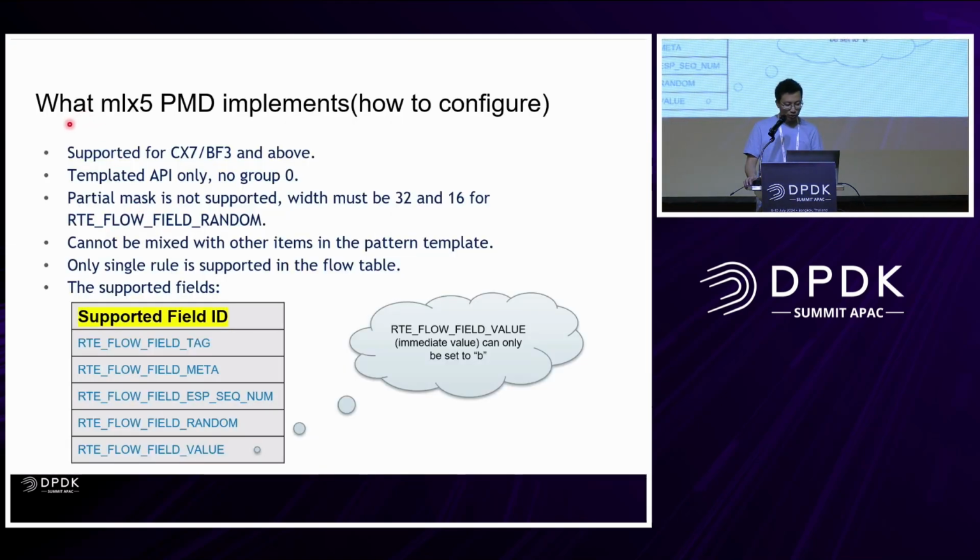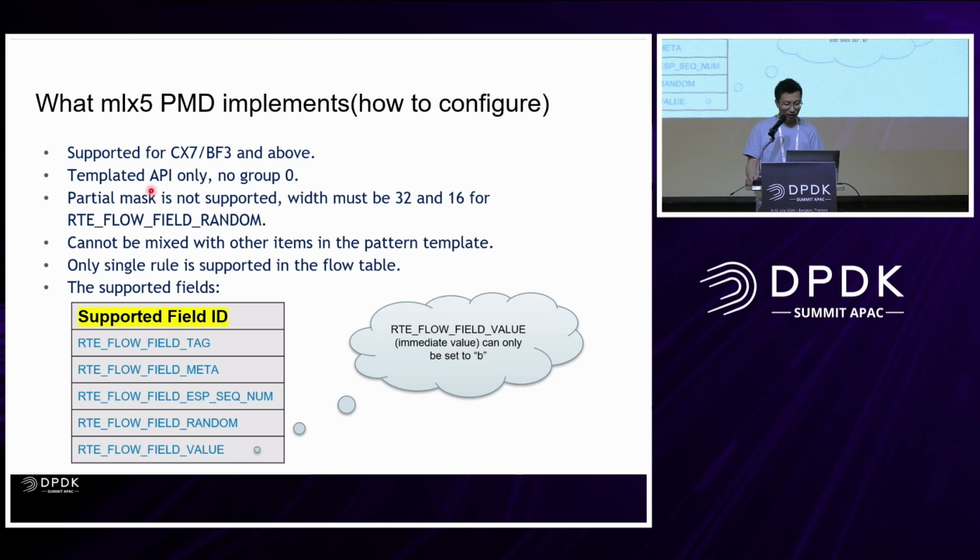Then I will introduce what mlx5 PMD implements and how to configure. Since like we just talked, in fact it's a much more complex API, and it is very flexible. So for now we implemented it for ConnectX-7 and BlueField-3 and above NICs.